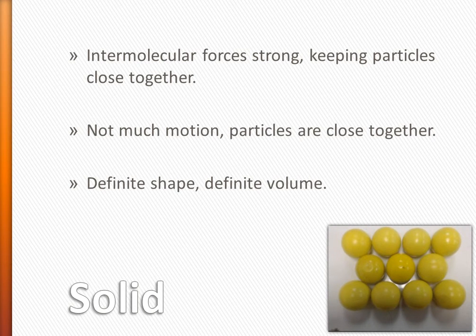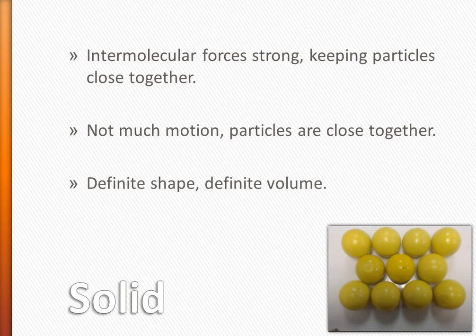Now, because they don't move very much, solids have definite shape. That shape is set. It's always going to be whatever the shape is. And the volume, the amount of space it takes up, is always going to be set as well. So you're not going to have random sizes and shapes.